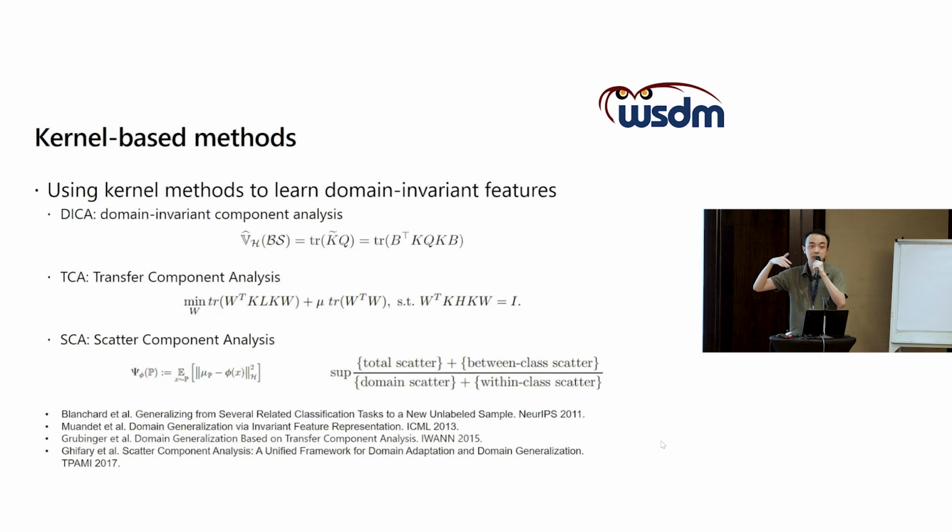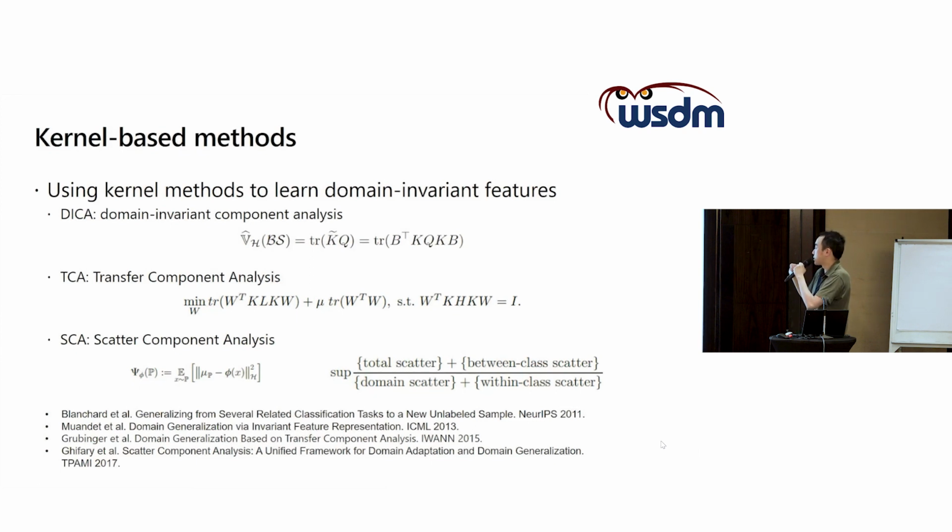Because based on the idea of the machine learning problem, one reason that machine learning is very successful lies in the assumption that the training data and testing data should be similar. So therefore, by applying this domain component analysis, this kind of kernel method, we expect to minimize the distribution across the domains.